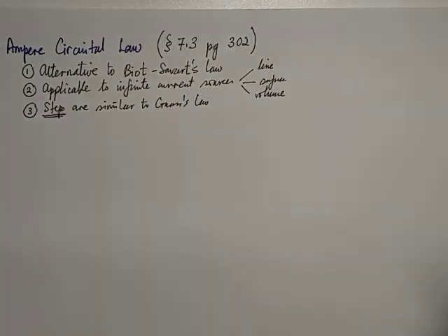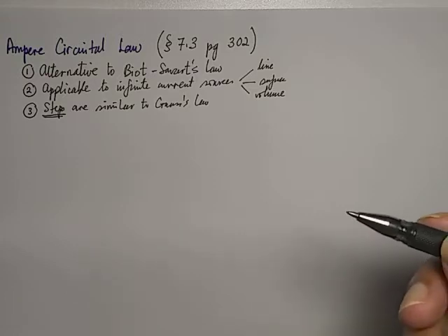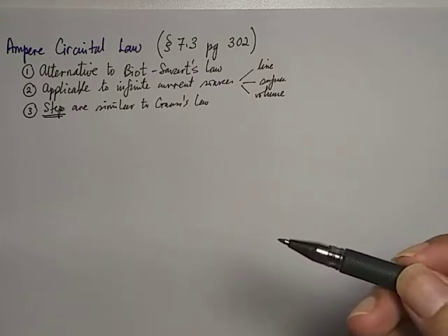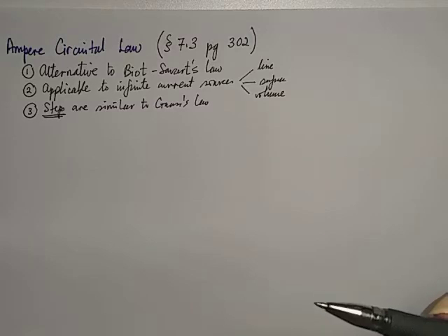Meaning that we have seen there is a systematic way that we followed when we solved Gauss' law, and we're going to see the same steps adopted in our ACL approach here. I'm not going to discuss the theory, because you can refer to it yourself in our textbook. But when we solve the problem that we're going to introduce later on, we can relate to the theory behind Ampere's circuital law.